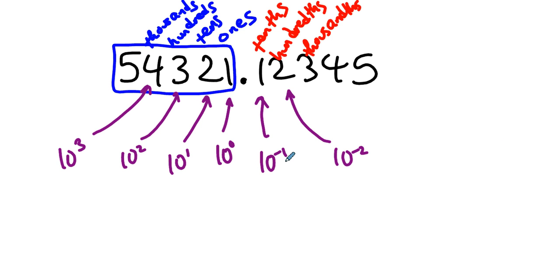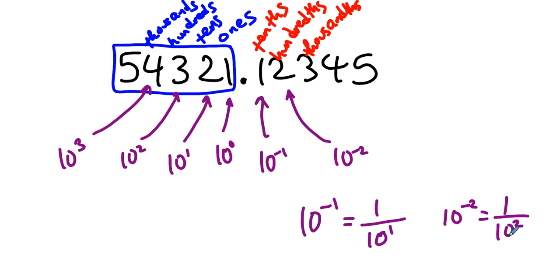What do we mean by 10 to the negative 1? 10 to the negative 1 is 1 over 10 to the 1. That's 1/10. And 10 to the negative 2 is 1 over 10 squared. That's 1/100th. So the decimal places to the right of the decimal point are tenths, hundredths, thousandths, ten-thousandths, hundred-thousandths.